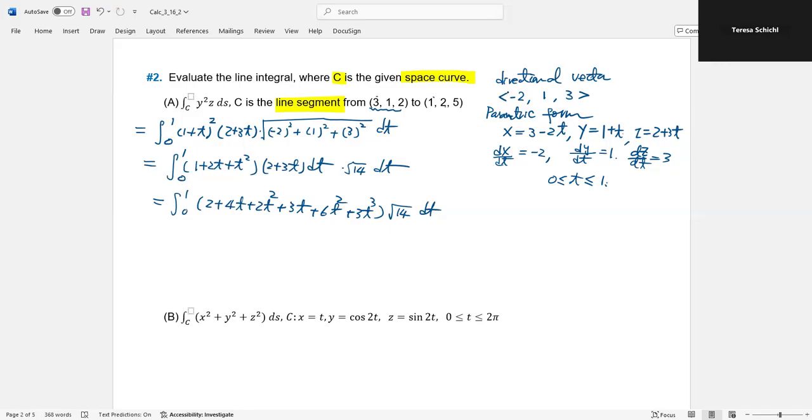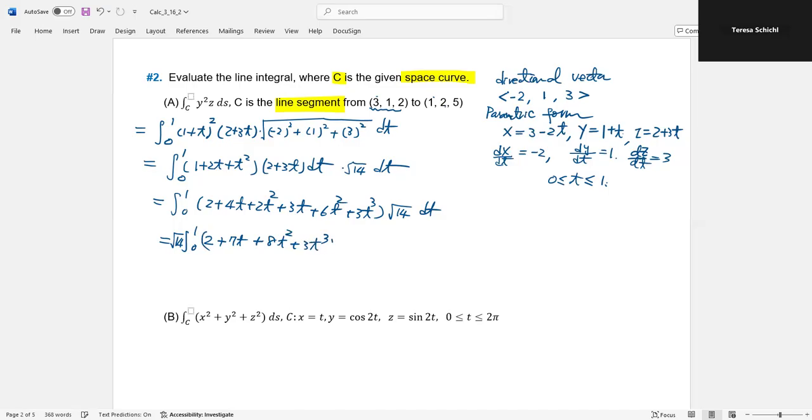Now you can combine and integrate. Everybody should know this: from 0 to 1, you can put the square root of 14 in front. This will be 2 plus 7t plus 8t squared plus 3t cubed.